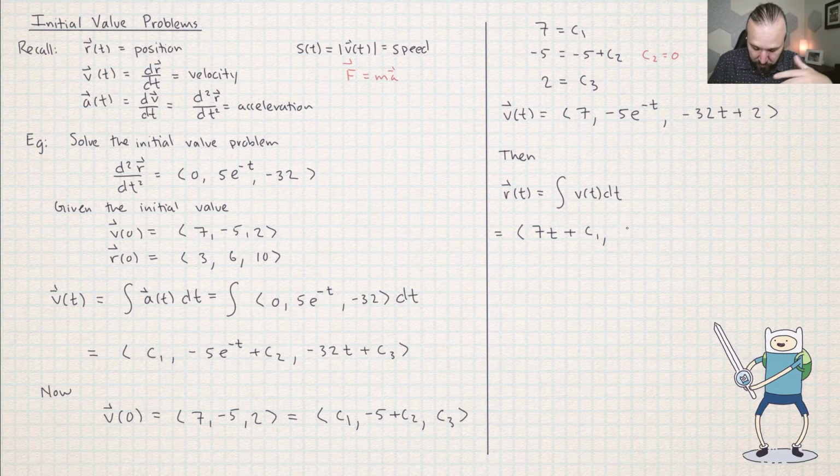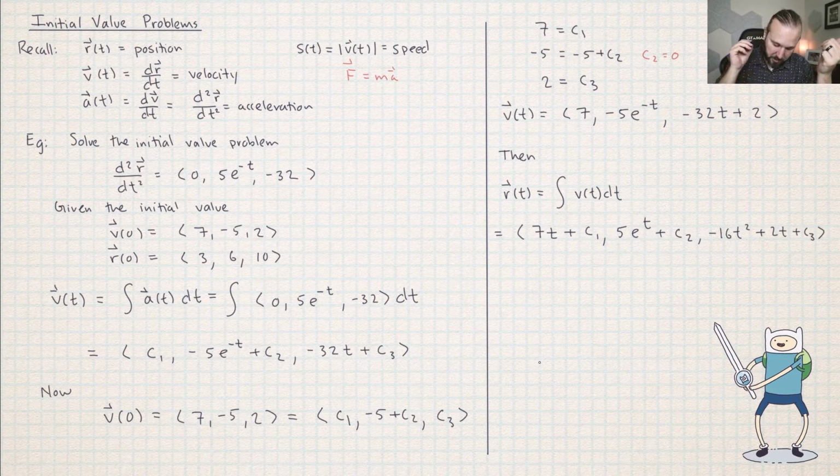So I'm just going to reuse the same letters. So now an antiderivative for negative 5 e to the negative t is going to circle back around and give me 5 e to the t plus, and then I'll need a c2 in the y coordinate, and then in the z coordinate I'm getting negative 16t squared plus 2t plus c3.